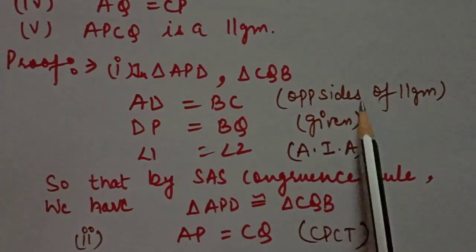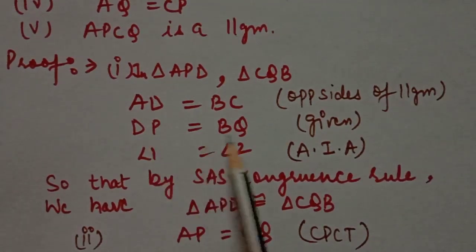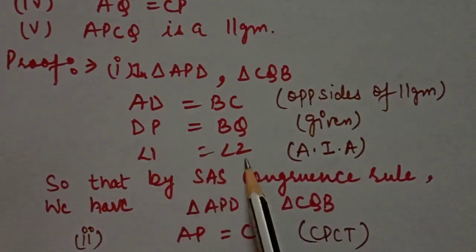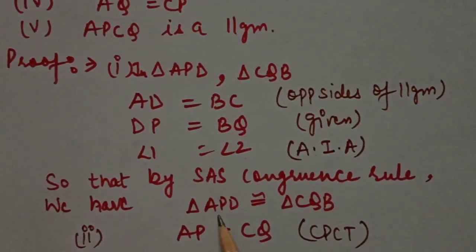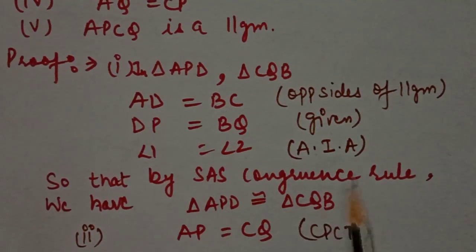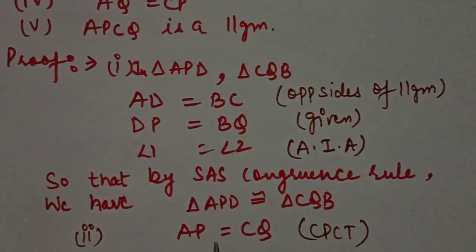AD is equal to BC, opposite sides of a parallelogram. DP is equal to BQ, given. Angle 1 and angle 2 are equal, alternate interior angles. So by the SAS congruence rule, triangle APD and triangle CQB are congruent to each other. AP is equal to CQ by CPCT. We proved the second part with this CPCT also.